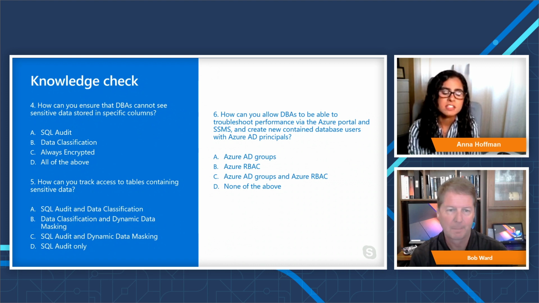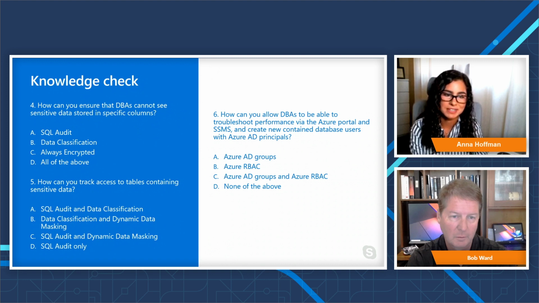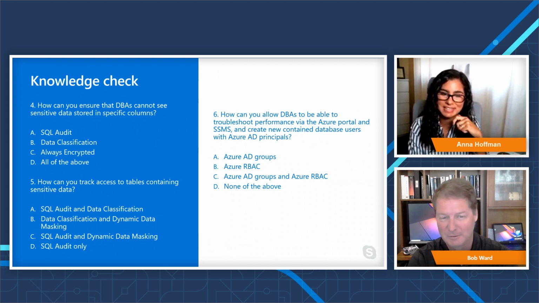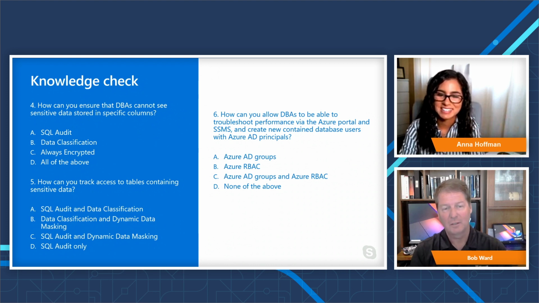Yeah, no, I think that's totally fair. I was probably expecting to see a little bit more, I guess there's no dynamic data masking up here either. Right. Which is kind of what I might think the answer might be related to. But if you think about this, B and C are both possible, right?